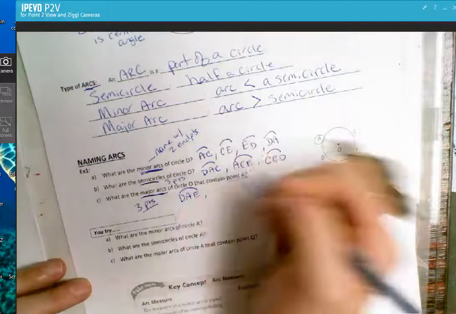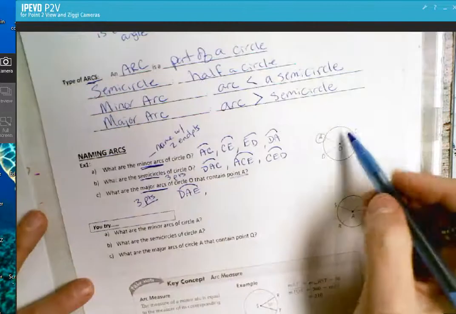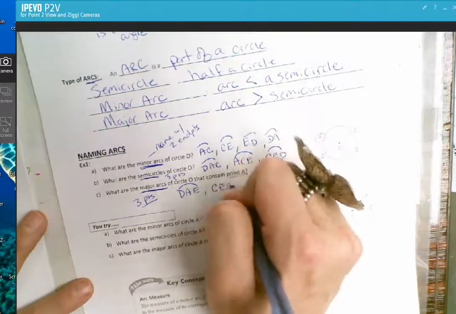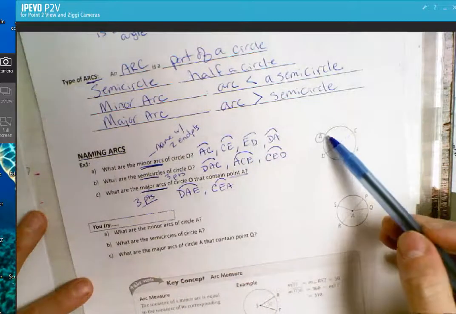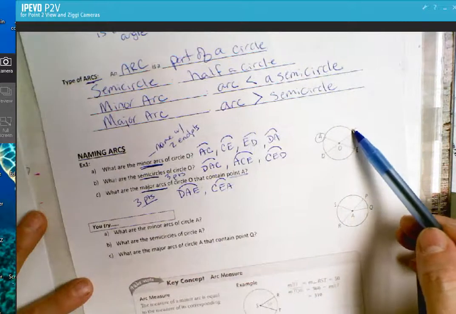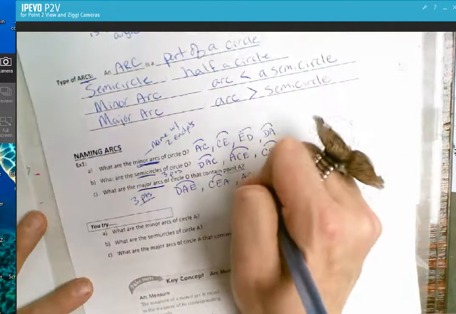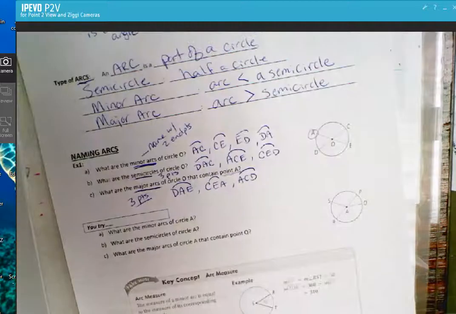DAE is a major arc. I could also have arc CEA. What about if it includes point A, so ACD would be another one. So lots of different ways you can do that.